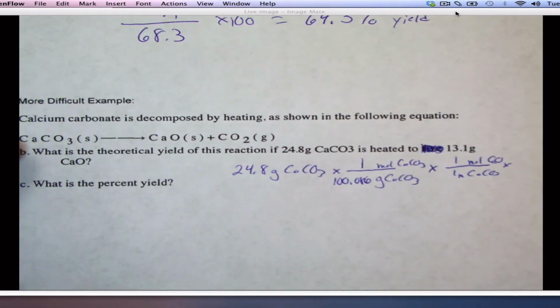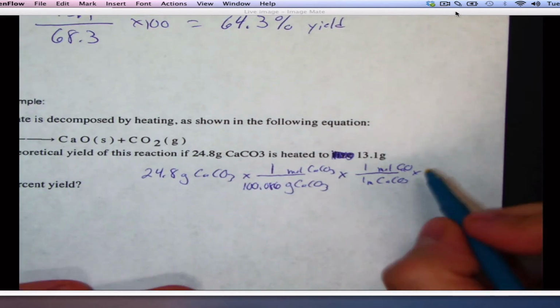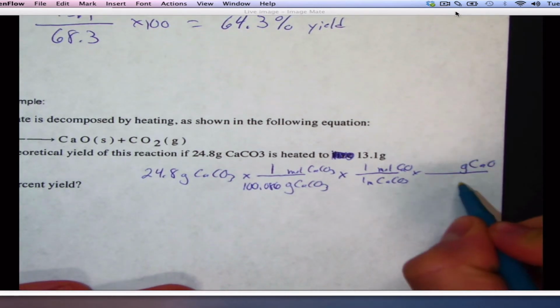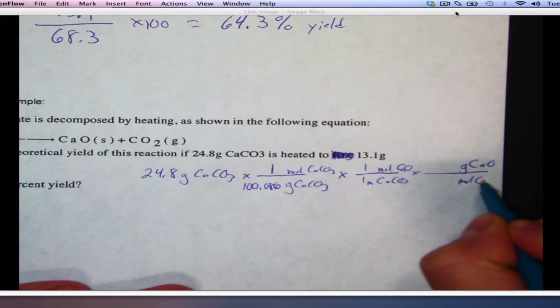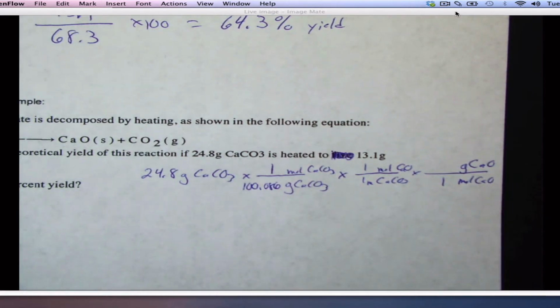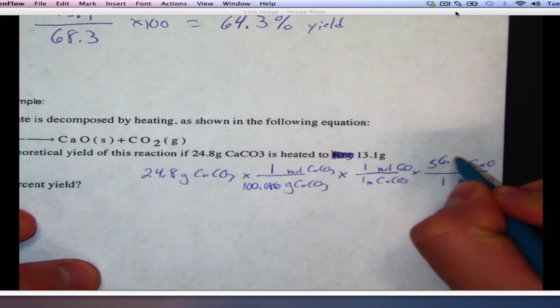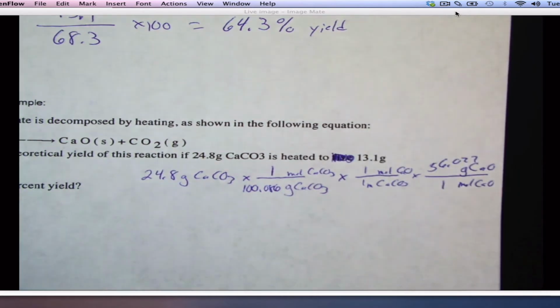And our last step, we got to go from moles of CaO to grams of CaO. So we know 1 mole. So what's CaO? 40.078 plus 15.999 gives me 56.077.